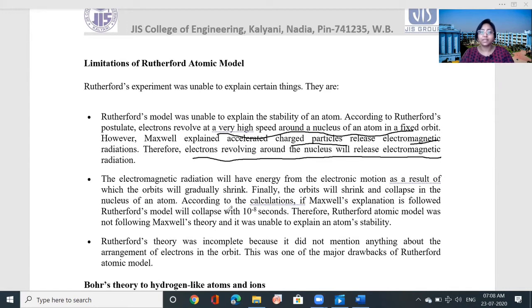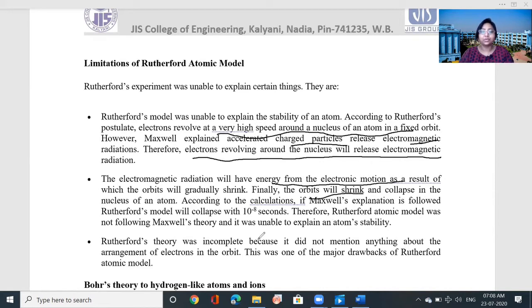Next, number two, the electromagnetic radiation will have energy from the electronic motion, as a result of which the orbits will gradually shrink. Finally, the orbit will shrink and collapse into the nucleus of an atom.